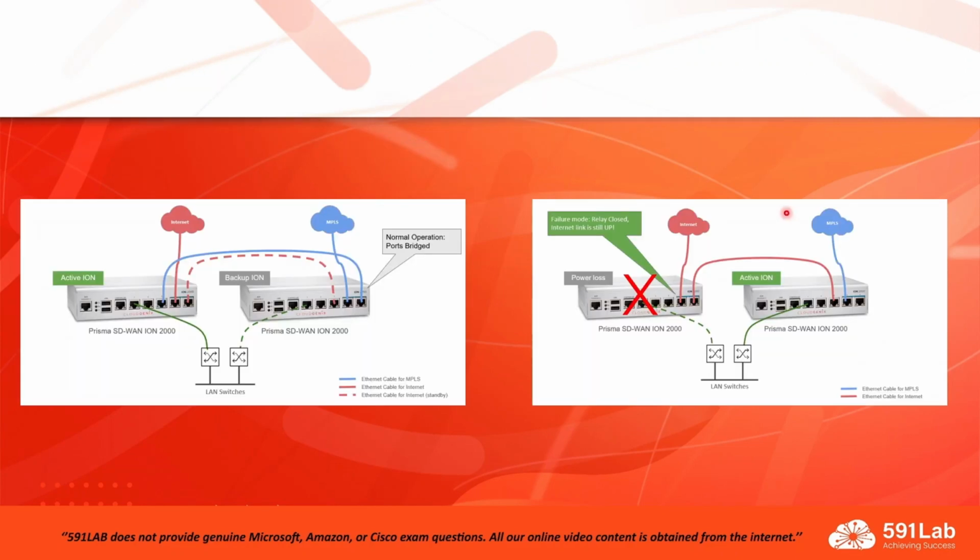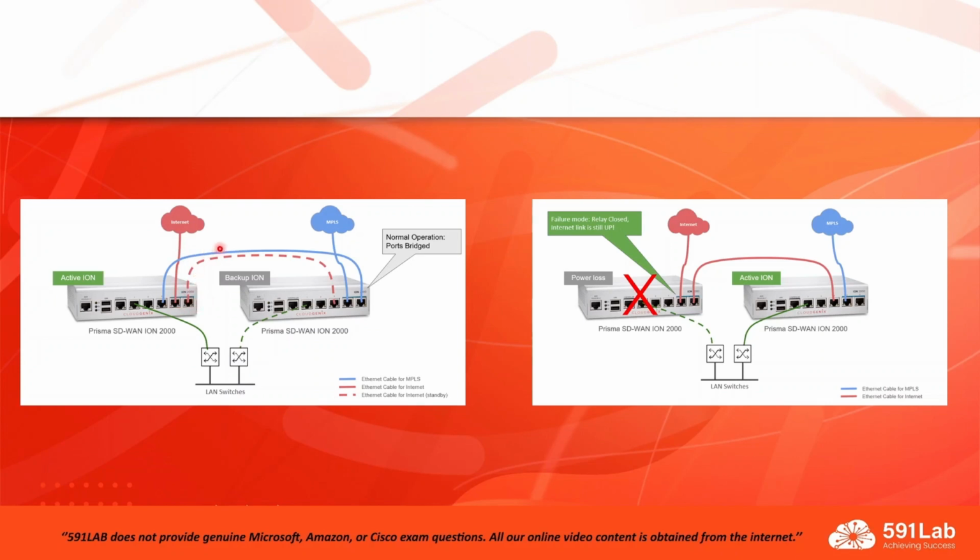Here we have pictures of the ION 2000. The ION 2000 basically has one pair of fail-to-wire ports. The fail-to-wire port is configured as follows. One port is connected to the internet.